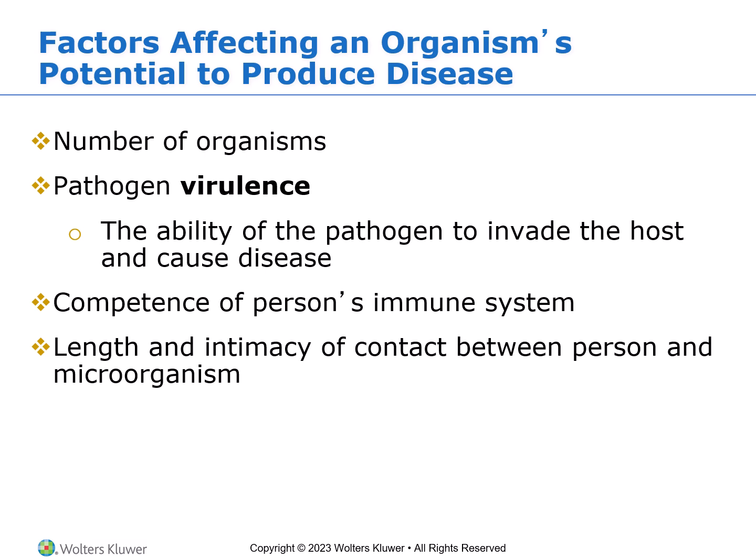The next factor is the competence of the person's immune system. So how robust is that person's immune system, and do they have any conditions that would cause the immune system to be weakened? So for example, if you have a cancer patient who's receiving chemotherapy that suppresses their immune system, you're going to see that those people have to be super careful, because contact with any type of pathogen could make them seriously ill because their immune system is low.